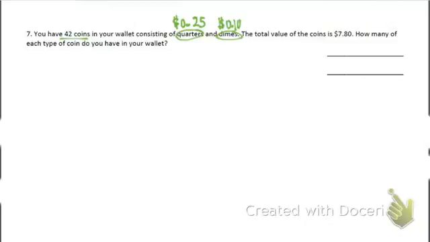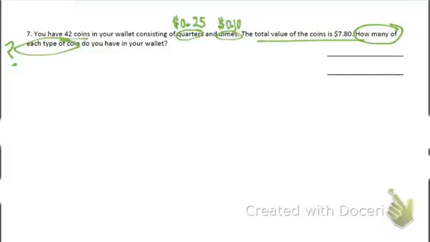The total value of the coins is $7.80. So total value is $7.80. And I want to know how many of each type do I have in my wallet? They give us 2 sets of information here. That first sentence tells me how many total coins I had, right?